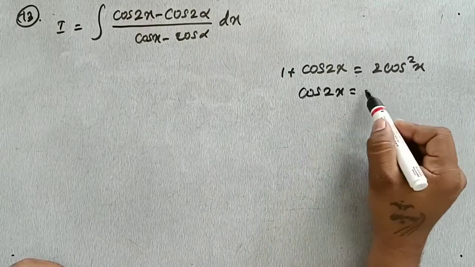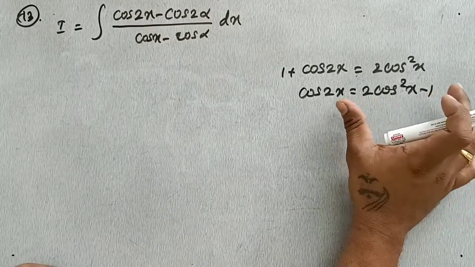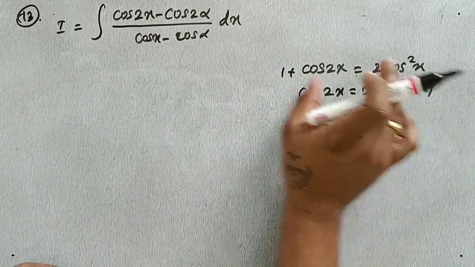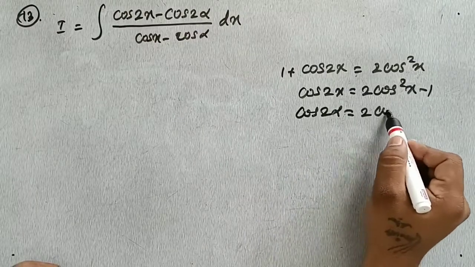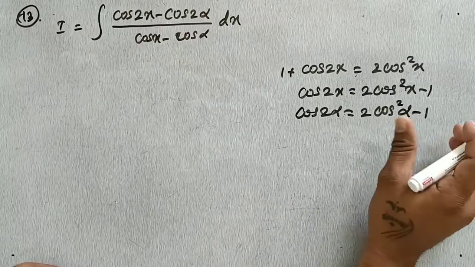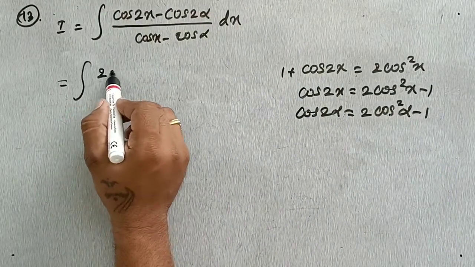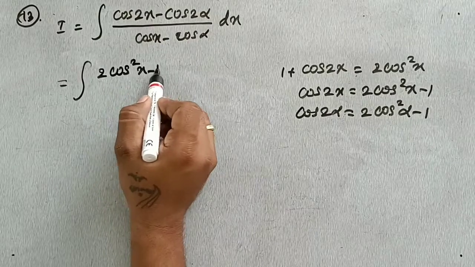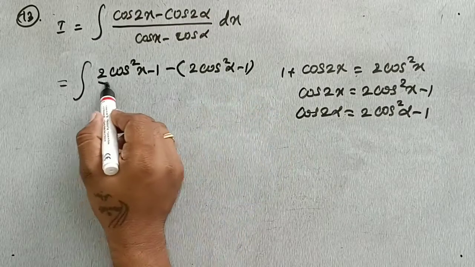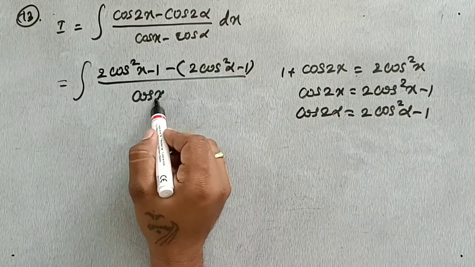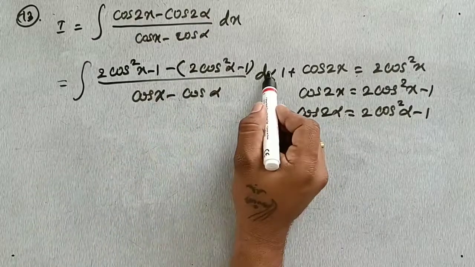Now cos 2x equal to 2 times cos square x minus 1. This formula I am going to substitute here. Similarly, cos of 2 alpha equal to 2 times cos square alpha minus 1. Now we will replace this value in the integral. So the numerator will be written as 2 times (cos square x minus 1) minus (2 times cos square alpha minus 1) divided by cos x minus cos alpha dx.